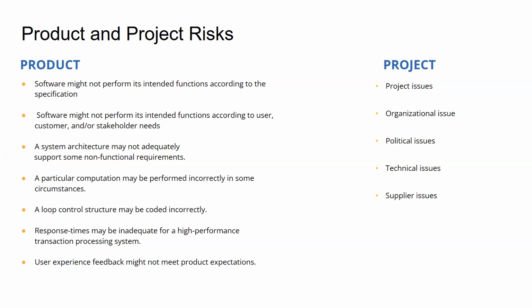Project risk means some things that can affect our overall project, right? There can be project issues that come across. There can be people issues, organizational issues, political problems, supply issues. Those are outside factors that can impact the overall project, like the COVID situation. That's a project risk, right?